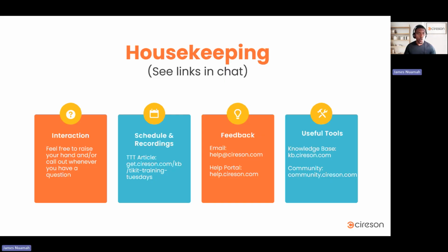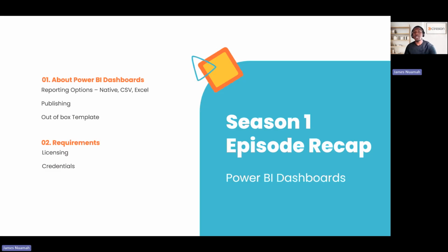All right. So what was covered in season one's episode about Power BI? Well, it was breaking down all things about Power BI, specifically the reporting options that are available and how to publish it online and what you can do with that, and the out-of-box template.